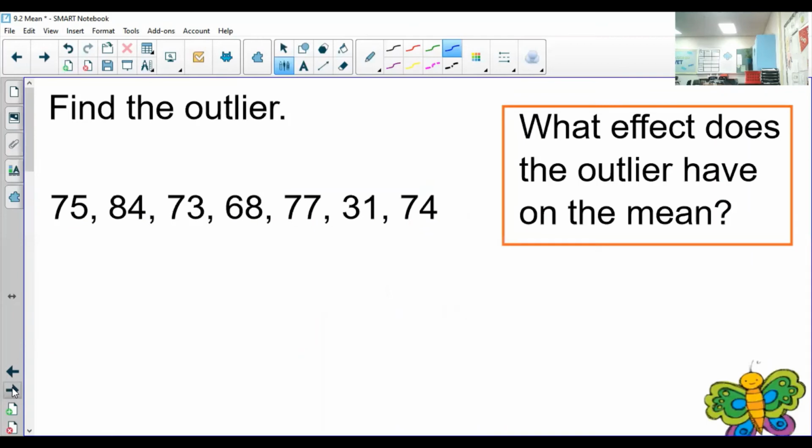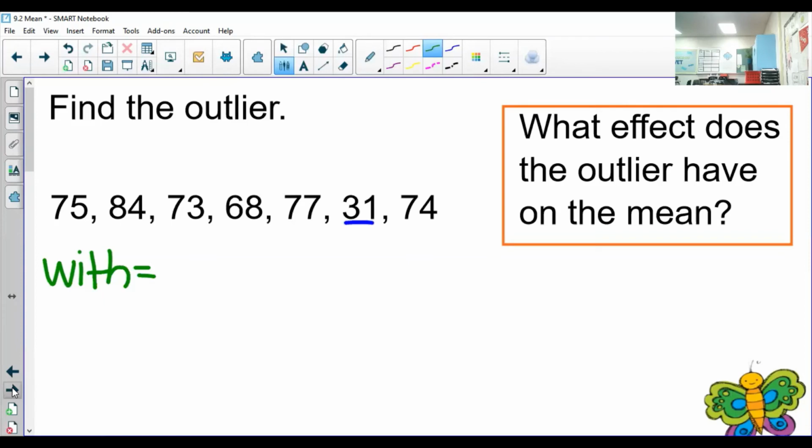does this have on the mean, on the average of these numbers. So let's take that first set of data. Okay, we already found out that 31 is going to be our outlier. So I want to find the average, I want to find the mean with the outlier. So I'm going to take those numbers, 75, 84, 73, 68, 77, 31, and 74.